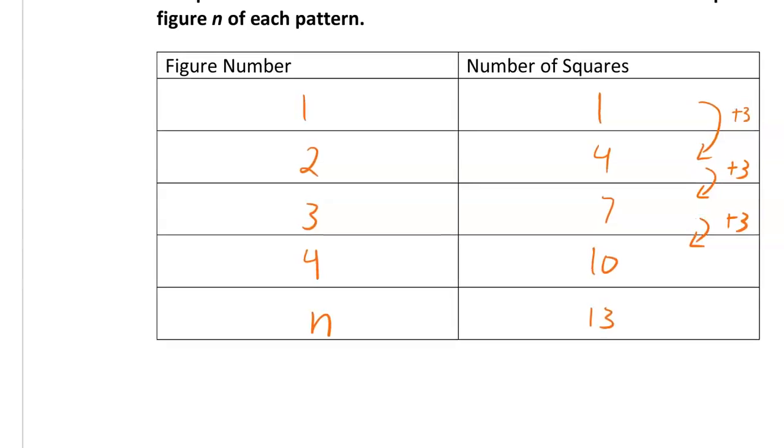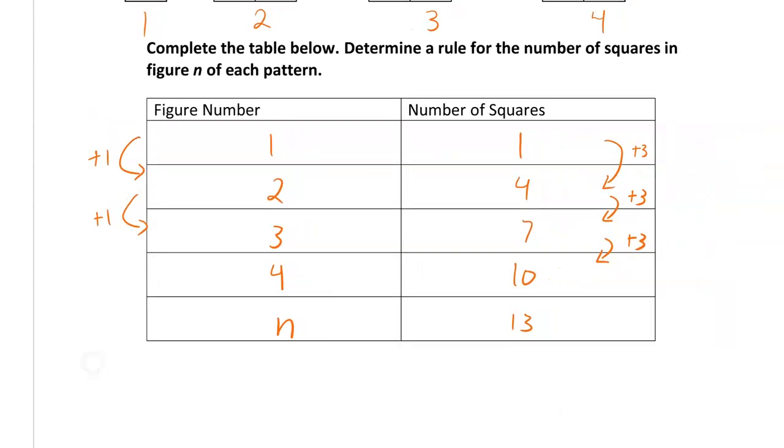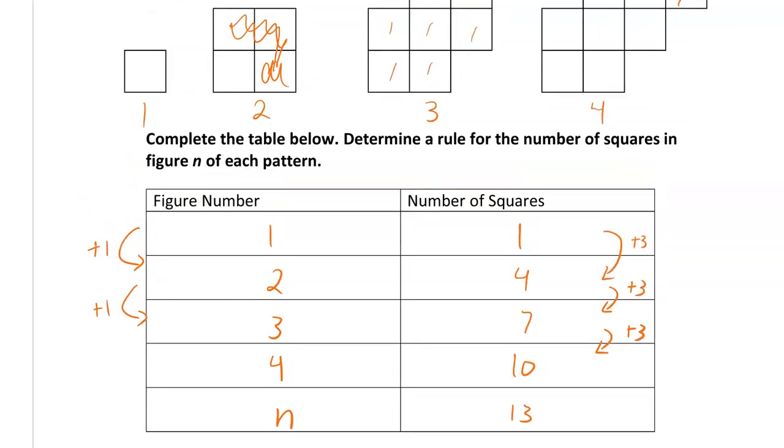Now, our figure number, to our benefit, increased by 1 every time. So we had figure 1 shown, we had figure 2, 3, and 4 shown. Sometimes it might show you figure 1 and then go to figure 3, and you're going to have to figure out that difference. And that's where it's very important that you know what your formula is and what the pattern that's going to be followed.